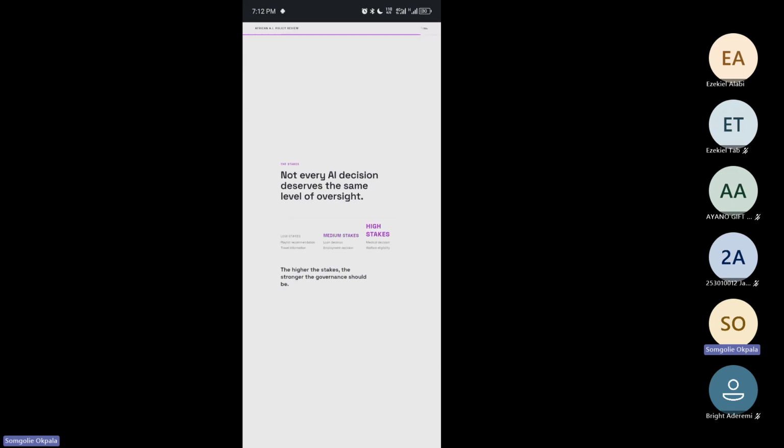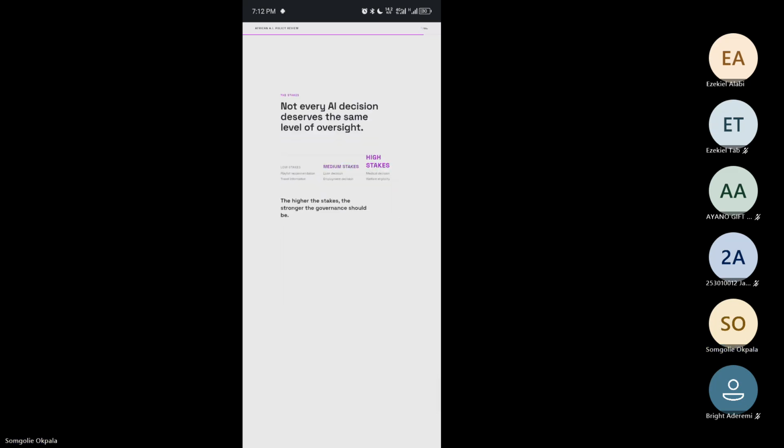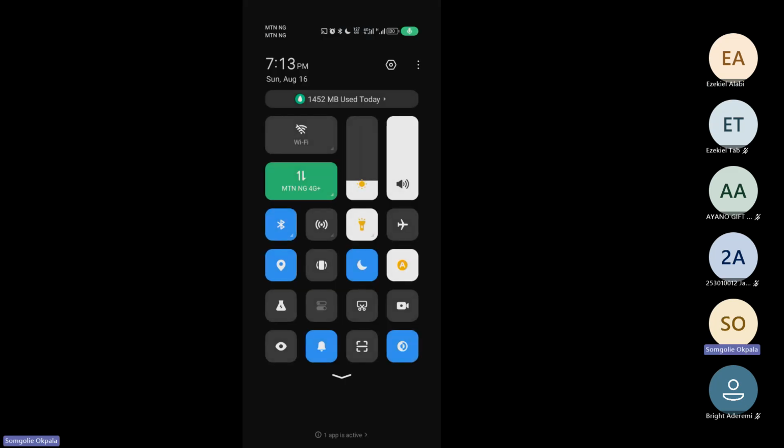Not every AI decision deserves the same level of oversight. There are decisions you can allow AI to make freely. Those are low stakes situations.